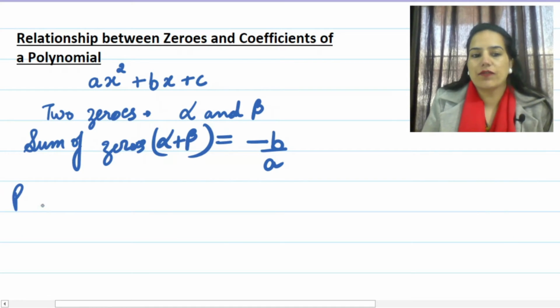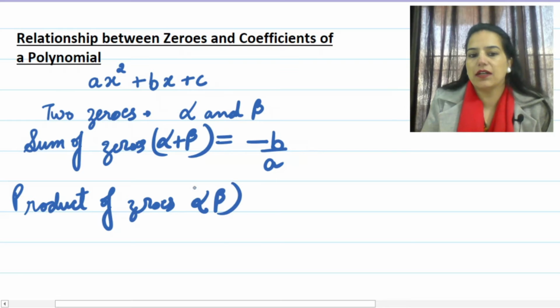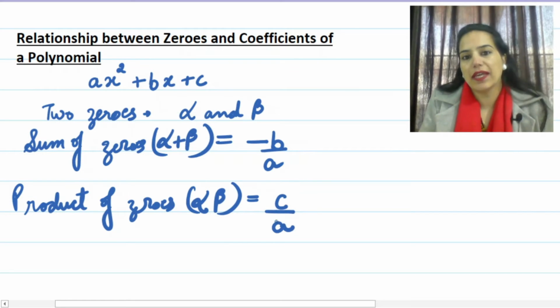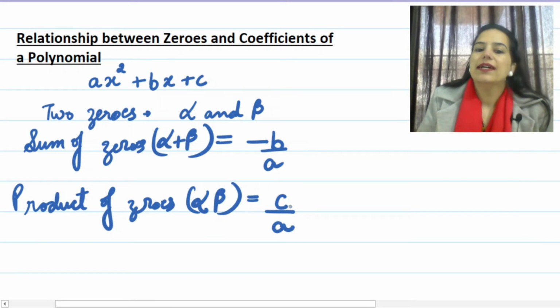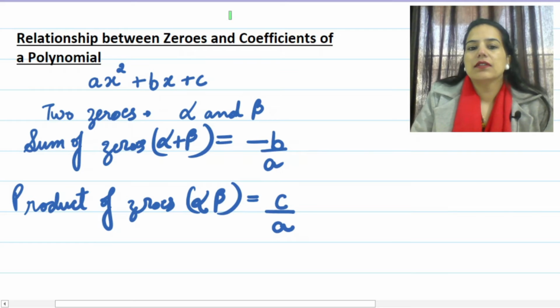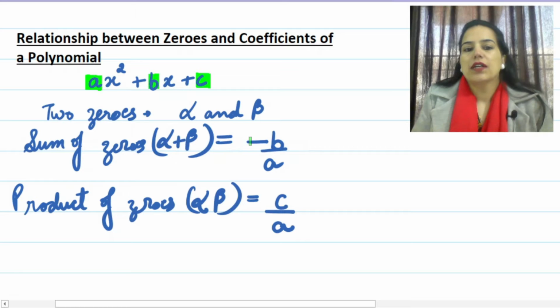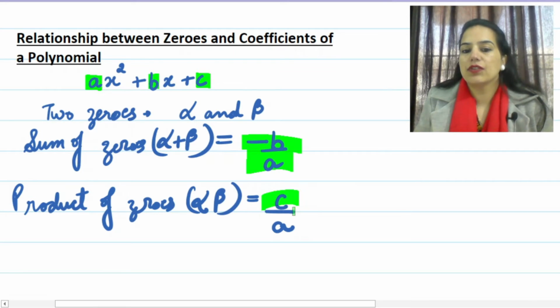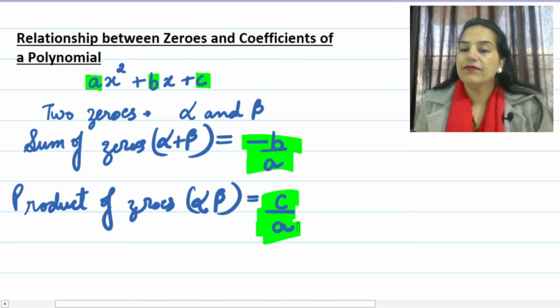And the product of zeros, alpha multiplied by beta, will give you c by a. C by a here means the constant term upon the coefficient of x square. So sum of the zeros is minus b by a and product of the zeros is c by a. Very, very important. Let's do some questions based on this.